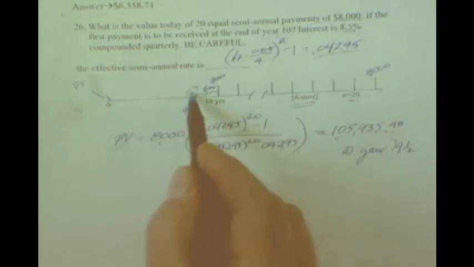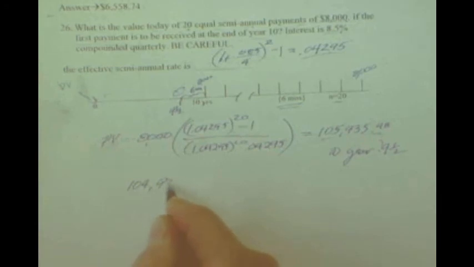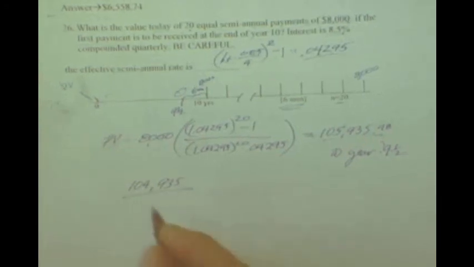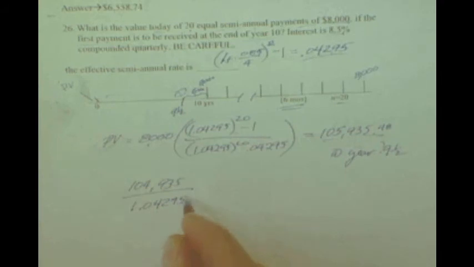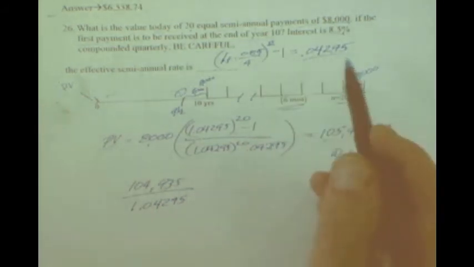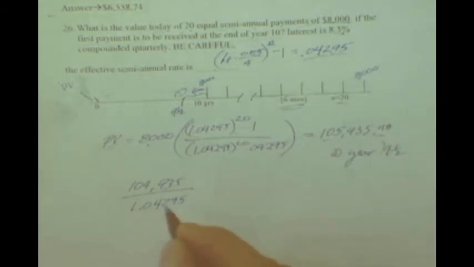Now I can bring it back to time 0. I've built a semi-annual rate, so I'll go ahead and use it.